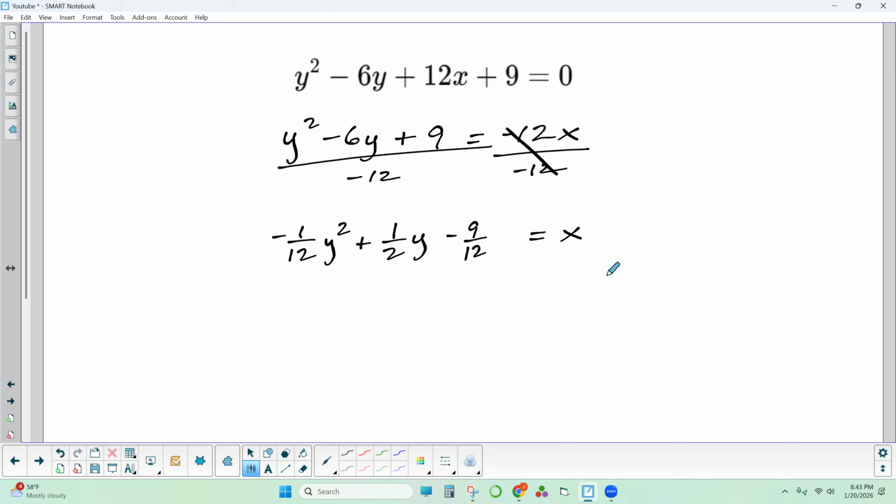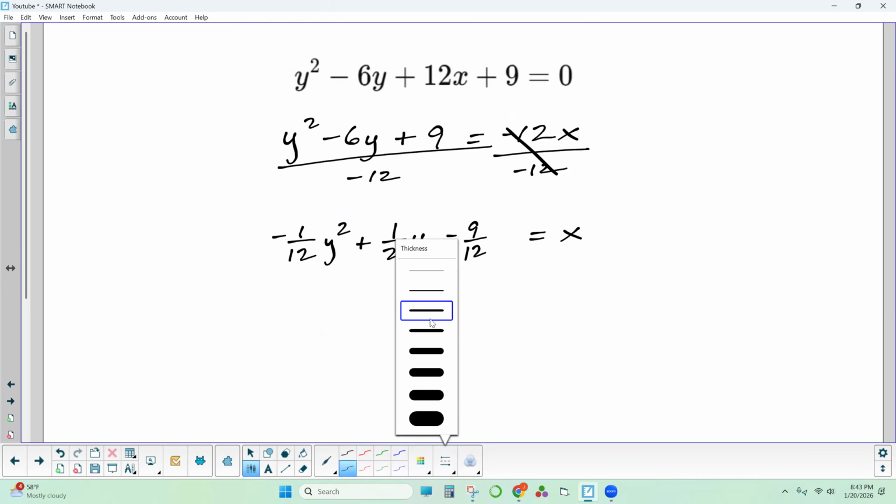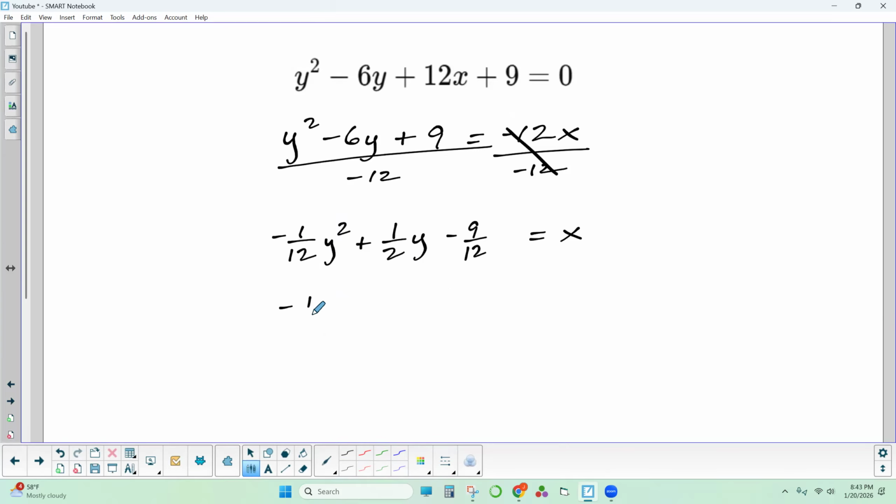Now I will get it ready to complete the square. Again, you can go right to completing the square if your leading coefficient is 1. If it is not, you have to factor it out first, so that's what we're going to do here. I'm going to factor out negative 1/12. Negative 1/12 and y squared will give me negative 1/12 y squared. What times negative 1/12 will give me a positive 1/2 y?